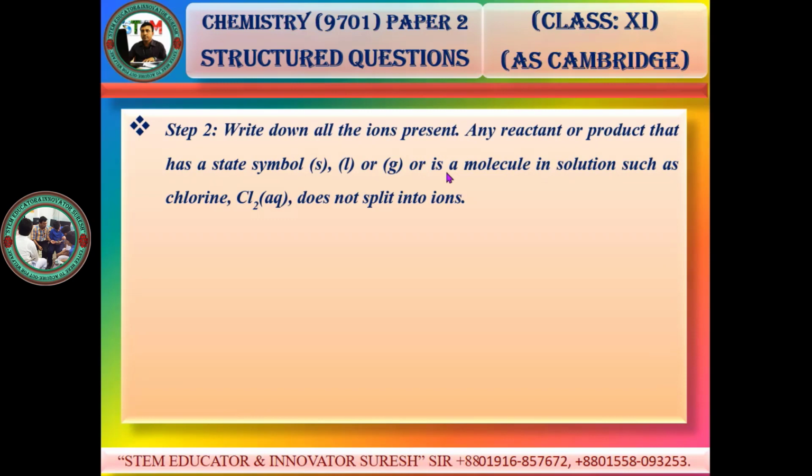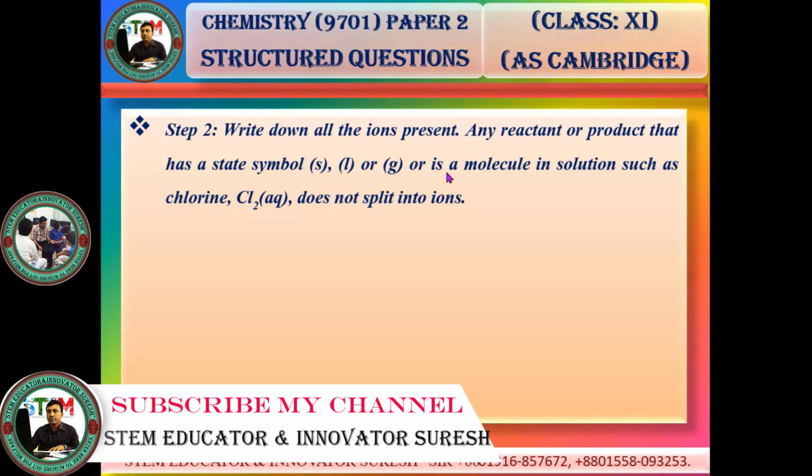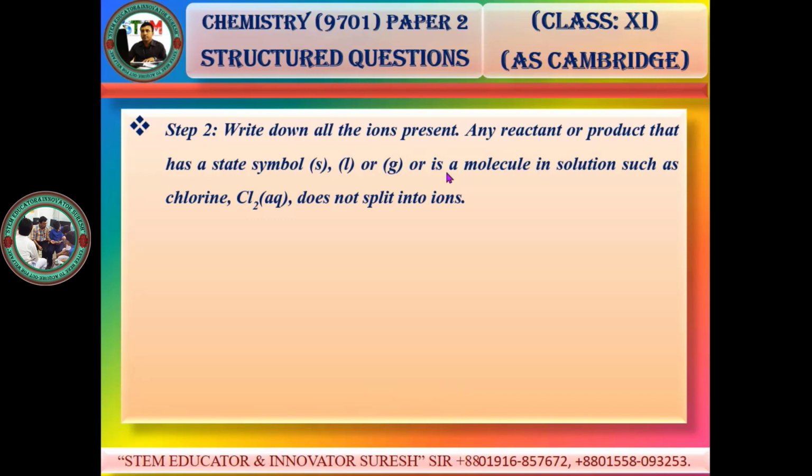Any reactant or product that has a state symbol S, L or G, or is a molecule in solution such as chlorine Cl2 aqueous, does not split into ions. You have to remember this. You never split into ions species with state symbols S, L or G, or chlorine water or bromine water in aqueous solution. You need not split them into ions.